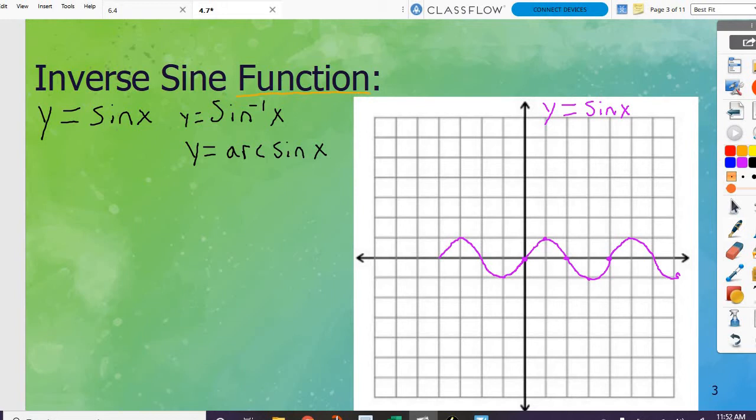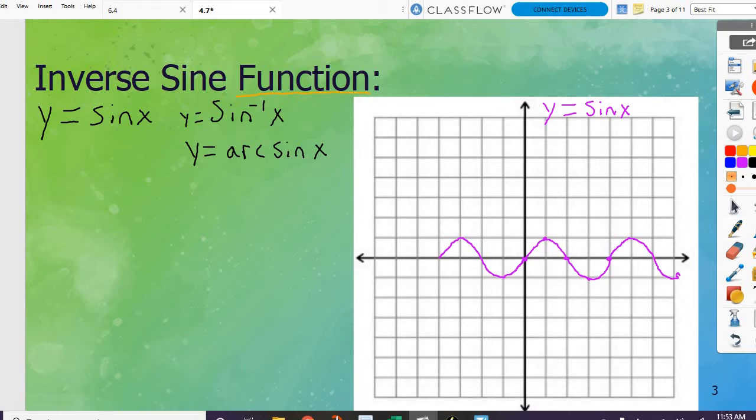Okay, so we're again trying to see: is sine 1 to 1? Does our sine graph pass a horizontal line test? No. Does it pass it anywhere on our graph? No, because remember our sine graph is a periodic function, it's going to repeat its points over and over and over again, which means that it's not going to pass the horizontal line test anywhere.